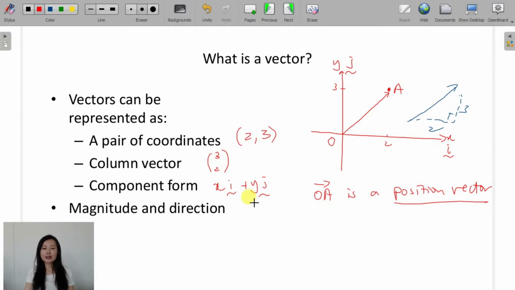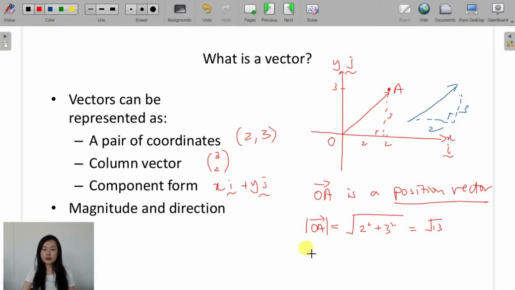And in terms of magnitude and direction, magnitude is literally about the length, right? So the magnitude of OA in this case would be, think Pythagoras, a 2 by 3 triangle, so square root of 2 squared plus 3 squared. So that's 4 plus 9, root 13.